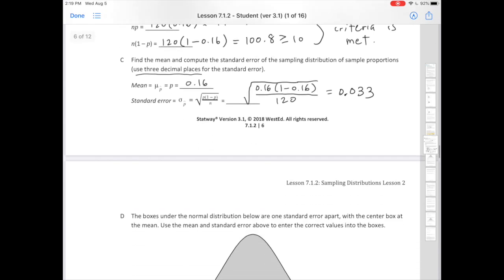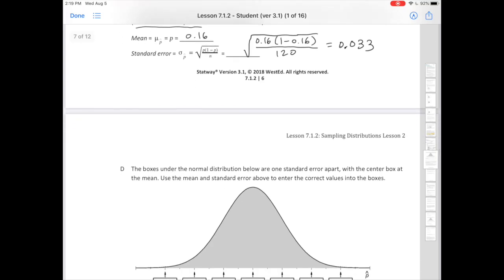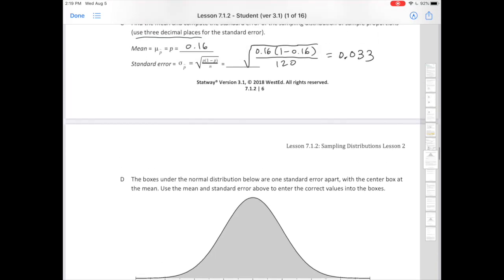Now, again, what does it mean to have normality? It means that we actually get a bell curve. So here is our bell curve, and we're going to fill this in. Let's read this. It says the boxes under the normal distribution below are 1 standard error apart, with the center box at the mean.